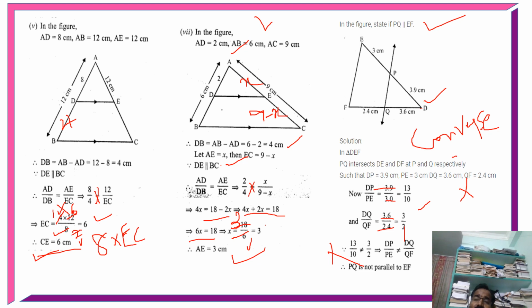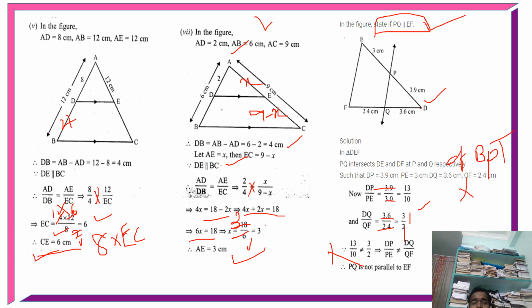So to prove parallel, we use the converse of BPT. We have to prove whether it is parallel or not, that is why we have to use the converse of the basic proportionality theorem. If these two ratios are equal, then by the converse of BPT, they are parallel.